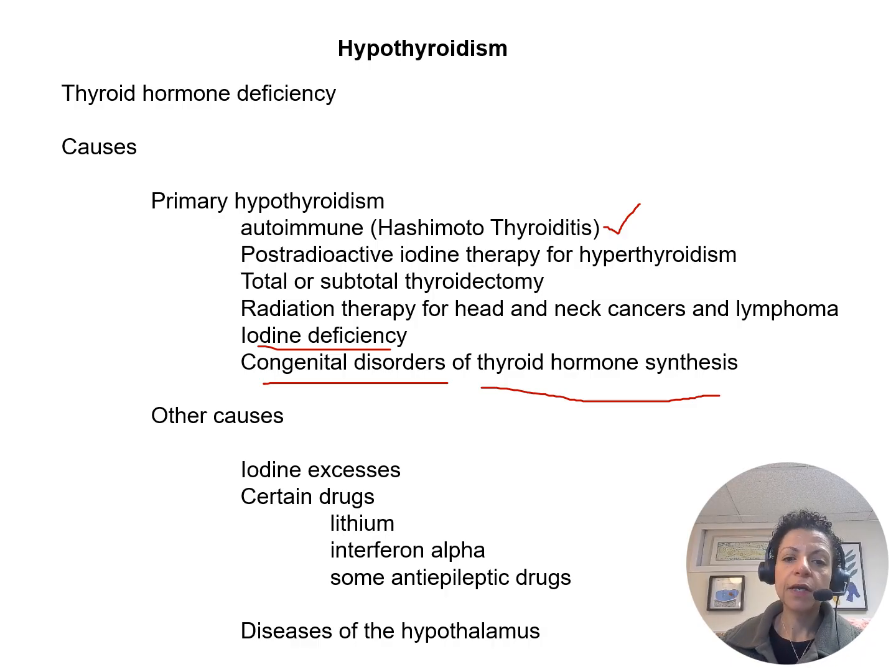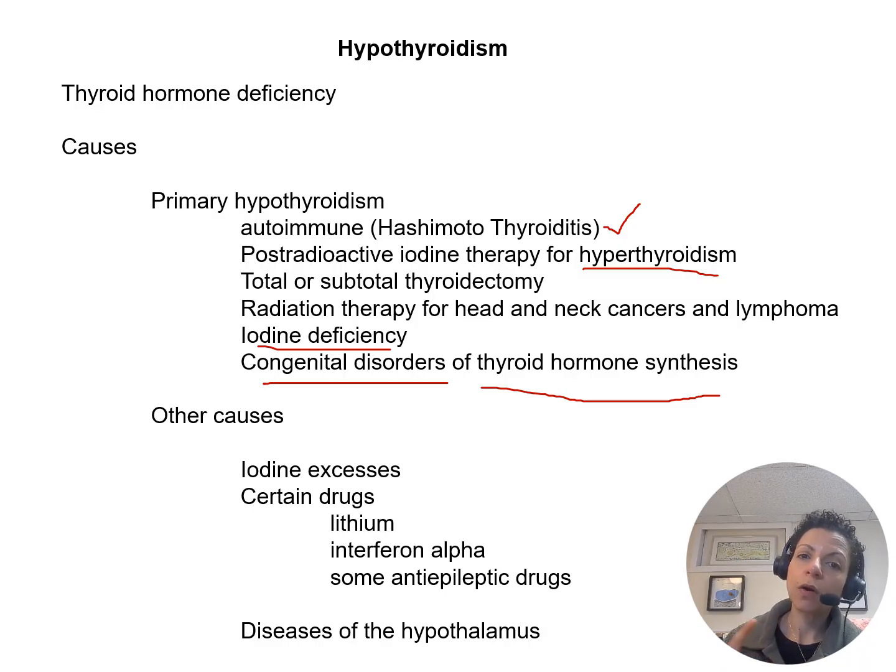Primary hypothyroidism can also be a complication of medical treatment. So, post-radioactive iodine treatment for hyperthyroidism. If you happen to have hyperthyroidism, one way of treating it is to actually give you radioactive iodine, a very carefully dosed radioactive iodine, and that destroys the excess thyroid gland and should bring you back down to sort of normal thyroid hormone levels.